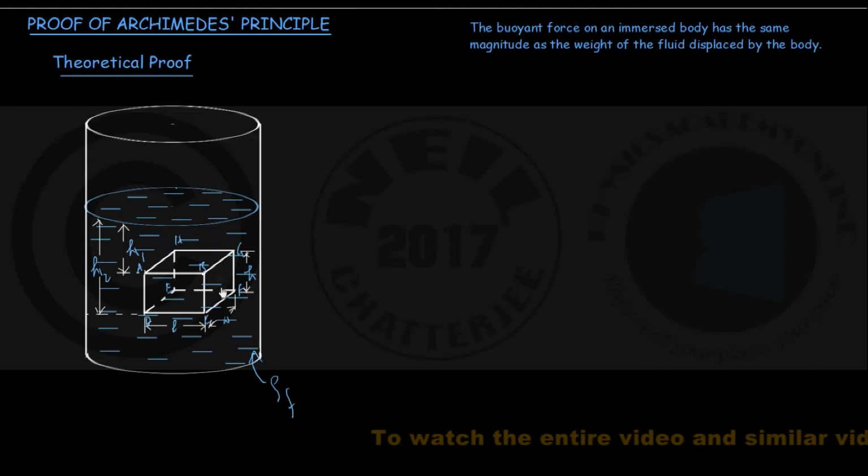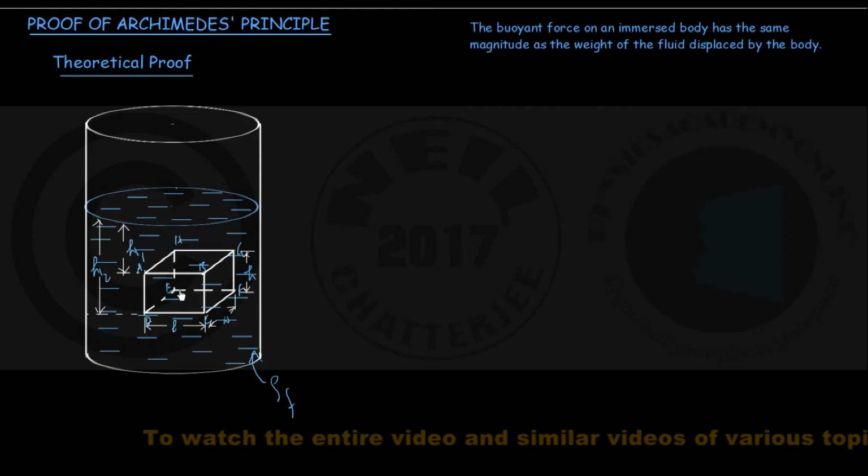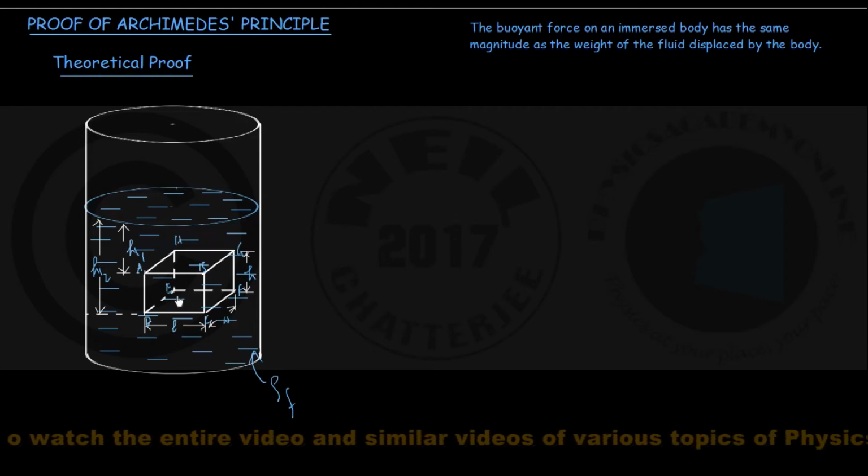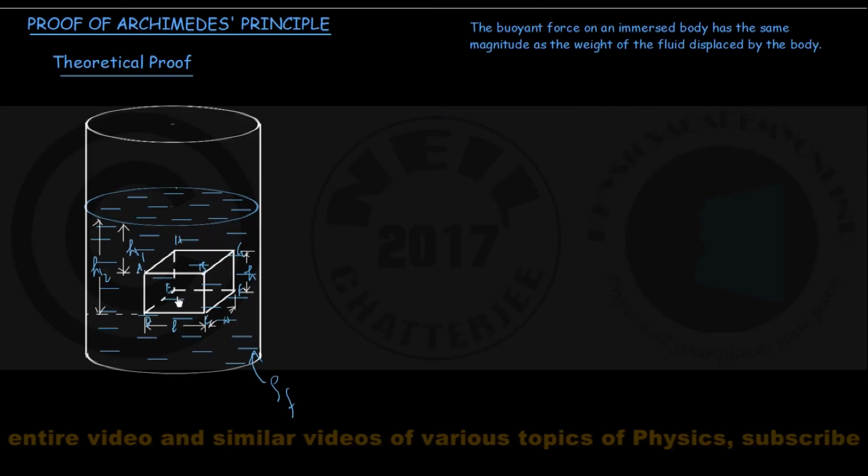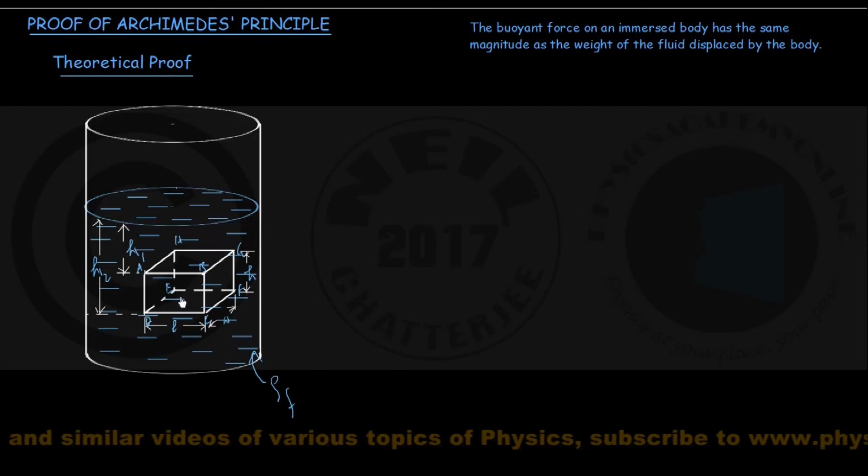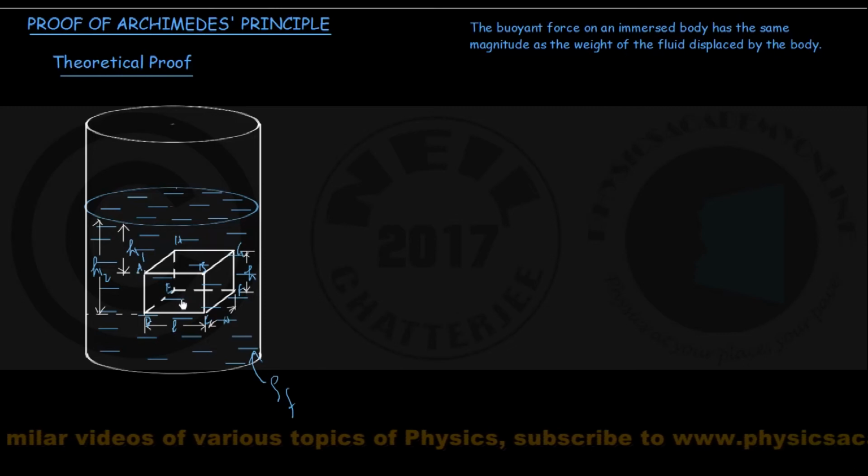The variation is linear and follows same pattern for all 4 vertical faces. So I can conclude that on opposite vertical faces, the thrust due to the fluid will have the same magnitude, opposite directions, and the same line of action, and therefore they will cancel each other out.